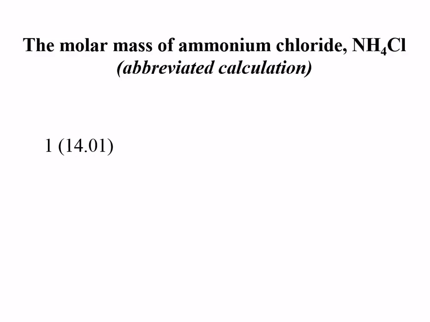So 1 times 14.01. I need to account for my hydrogens. NH4Cl. So I have 4 hydrogens, 4 times 1.008, and then I need to account for my chlorine. There's only one, and the decimal number for chlorine is 35.45.